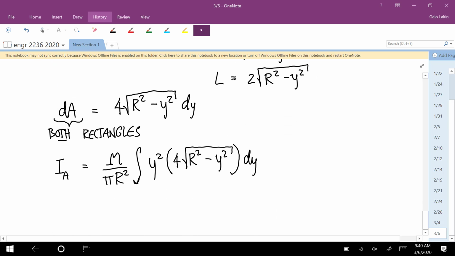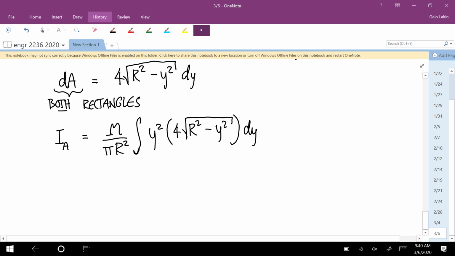All right, so hopefully we can do this integral. I sub A is equal to m over pi r squared, oh, and the boundaries are 0 to big R, times the integral, and let's pull the 4 outside.